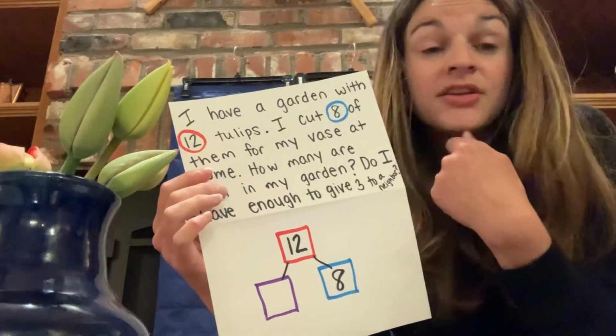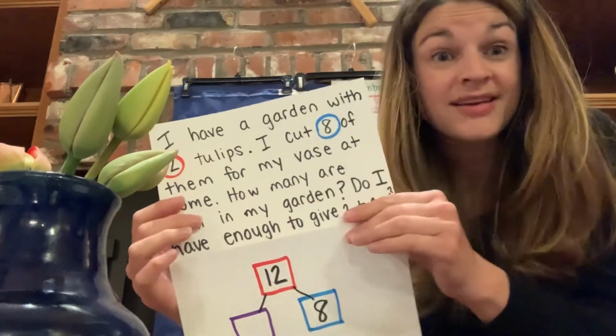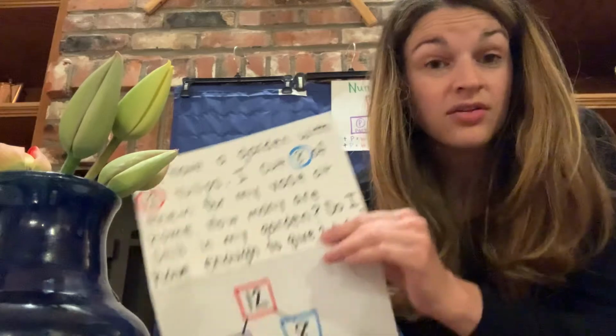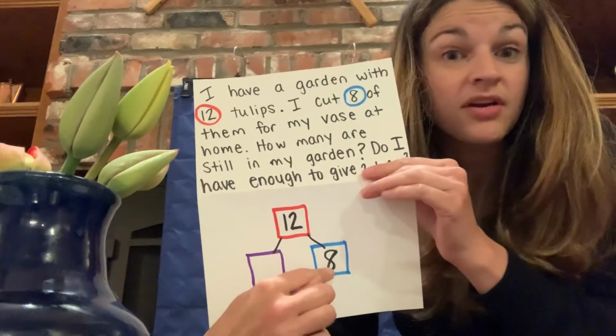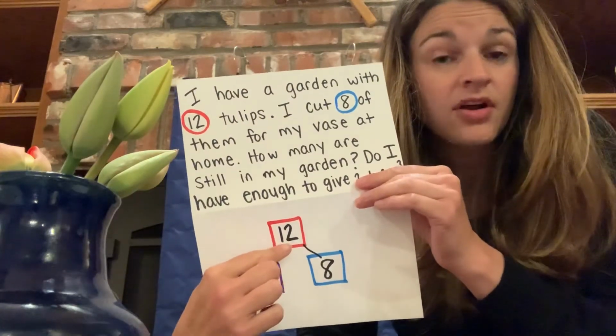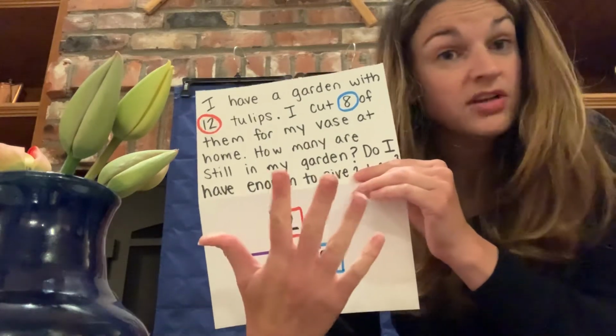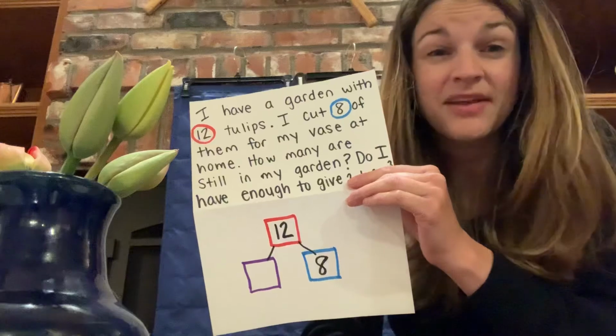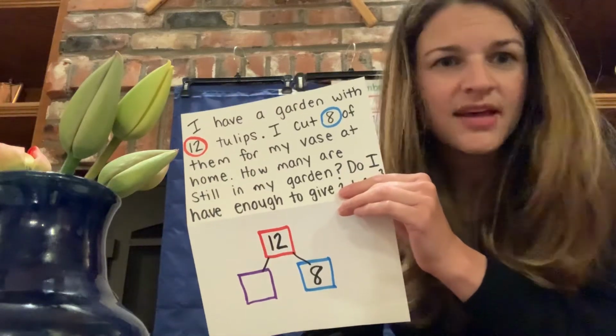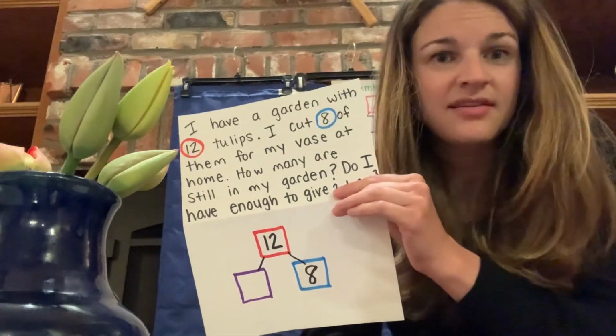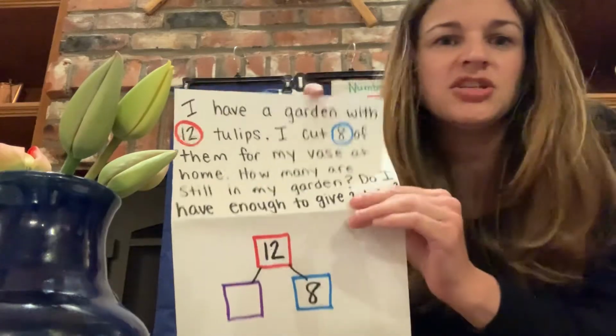Another strategy we could use is kind of like start with get to on our hundreds chart. We could start at the smaller number and get to the bigger number, or we could start at the bigger number and get to the smaller number. We could use our fingers to help us. Does anybody else have any other strategies? I'd love to hear them. If you wanted to comment in, you're welcome to tell me what other strategy you had.